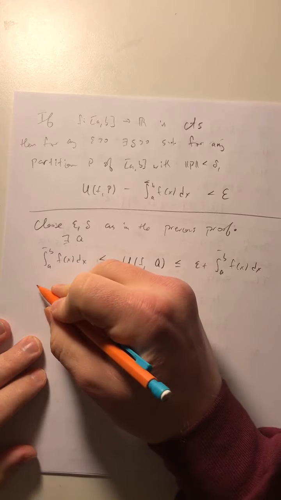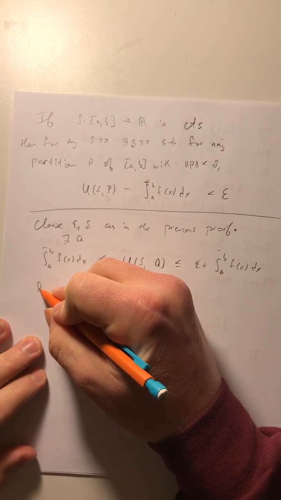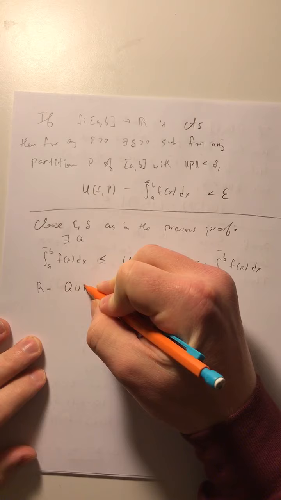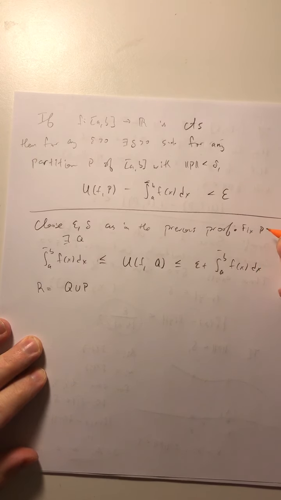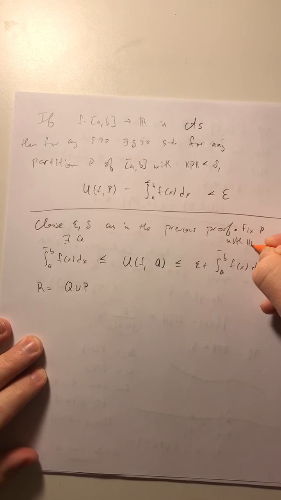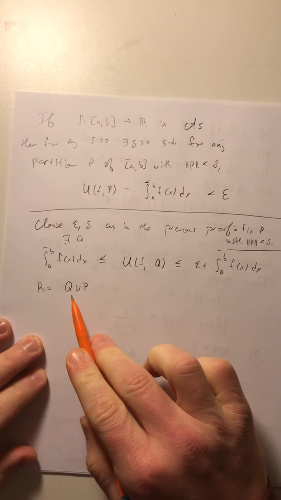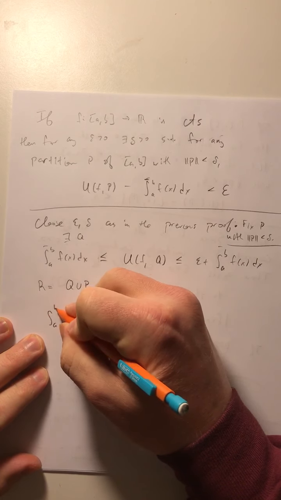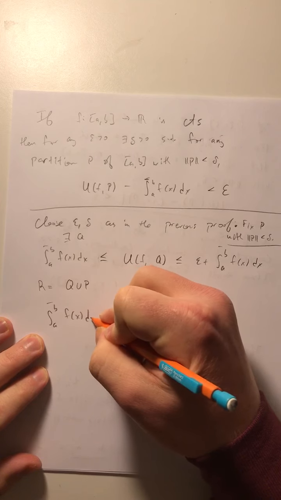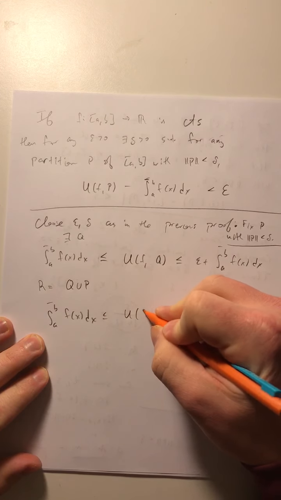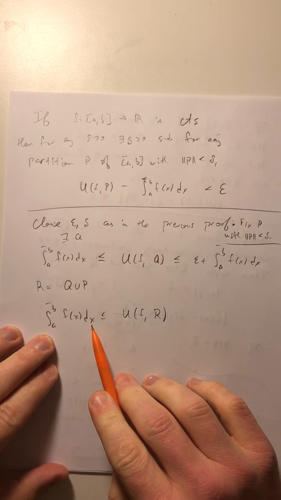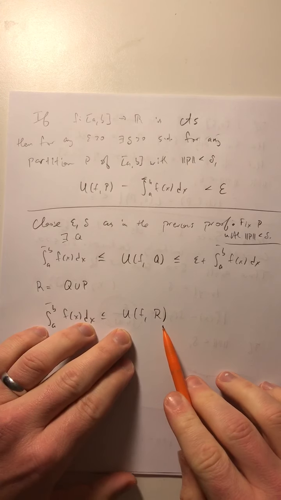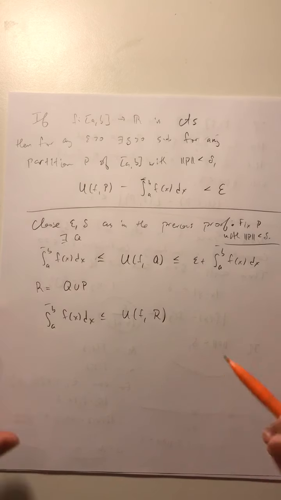So let R be Q union P. Fix P with mesh less than delta, I should have said up here. Now let R be Q union P. Note that the upper Riemann integral is less than or equal to the upper Riemann sum for any partition, so I still have this.